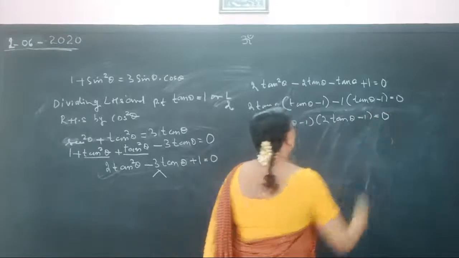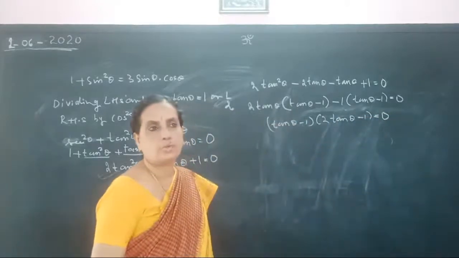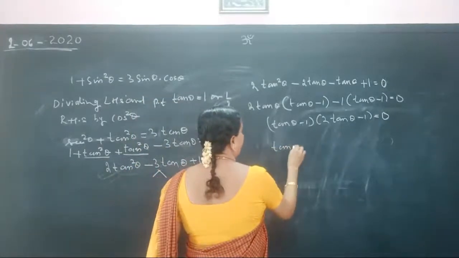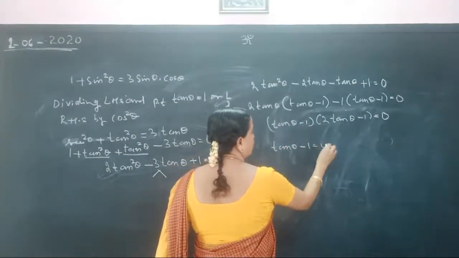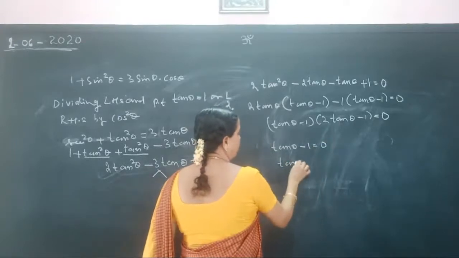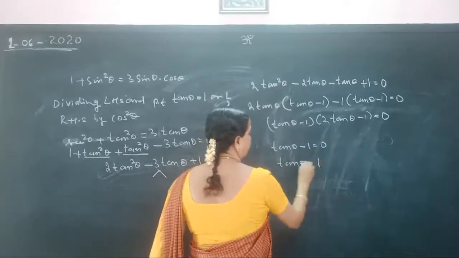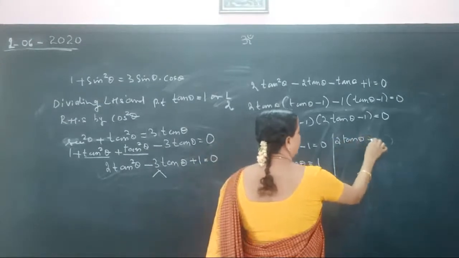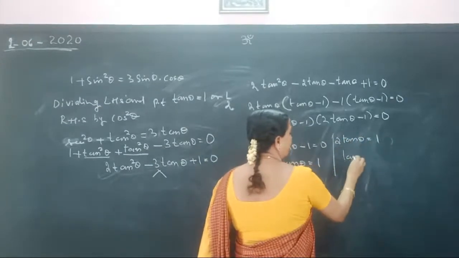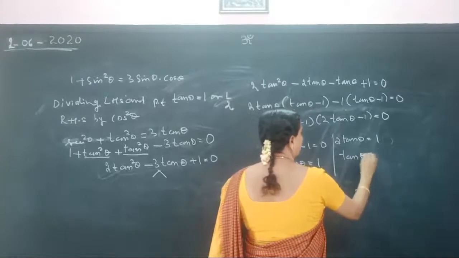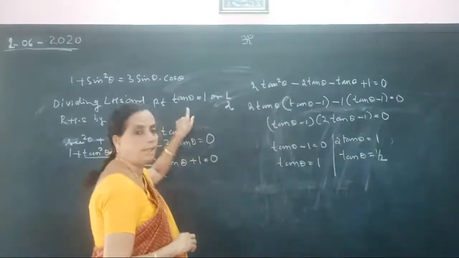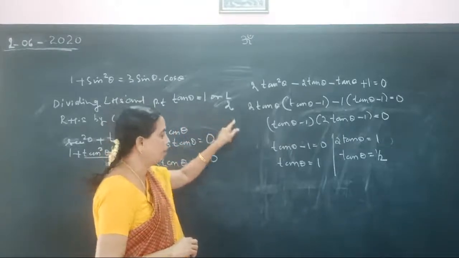So equating each factor to 0, you will get the value, that is tan theta minus 1 equal to 0, tan theta equals 1. Then 2 tan theta equals 1, therefore tan theta equals 1 upon 2. That is, we have to prove tan theta equals 1 or 1 by 2.